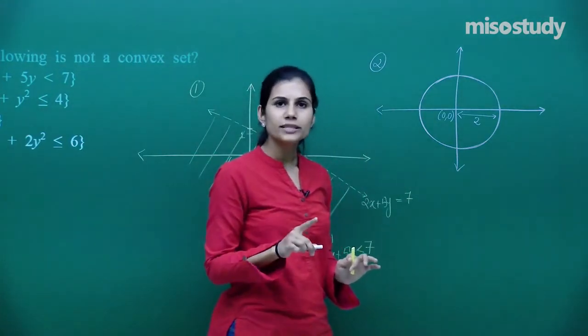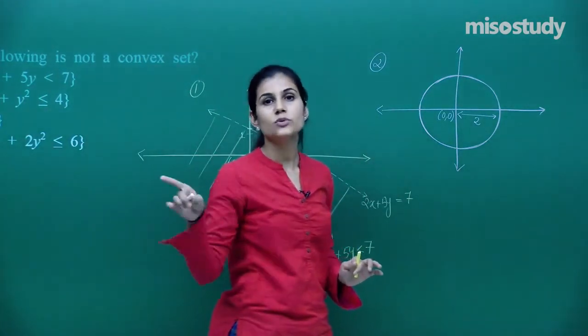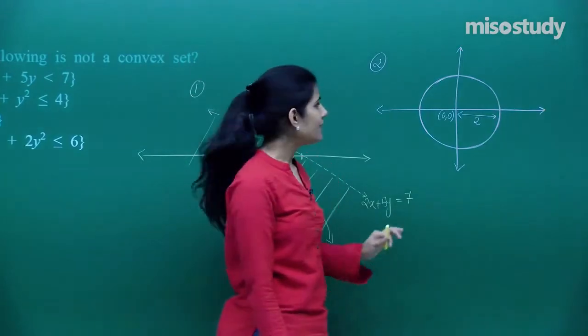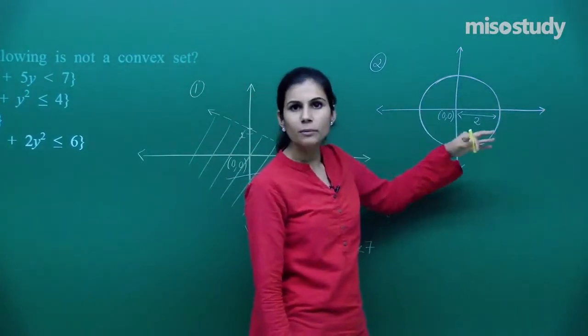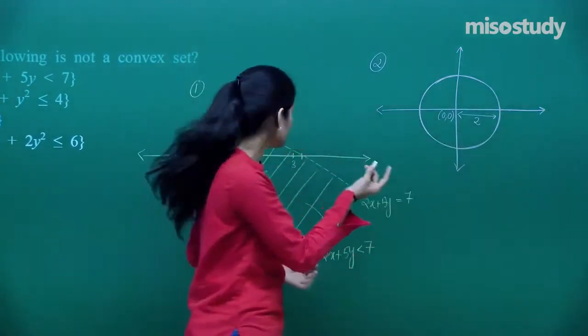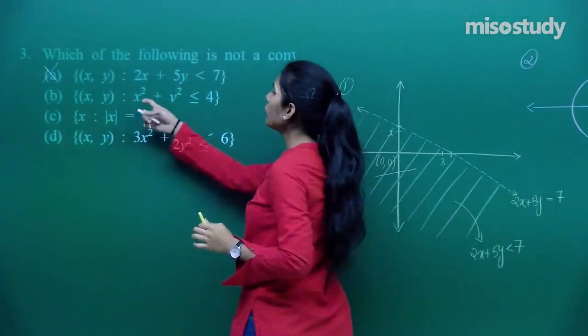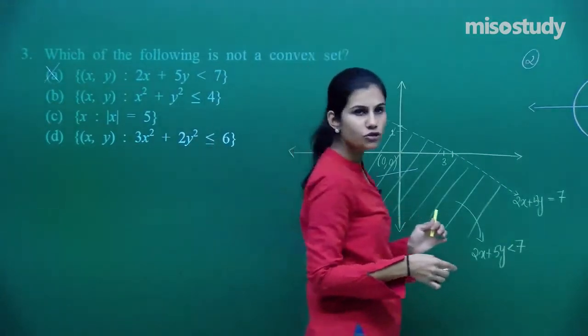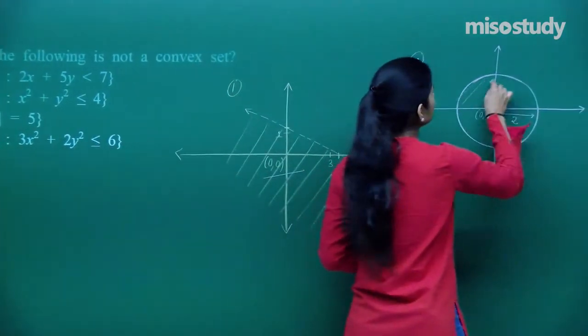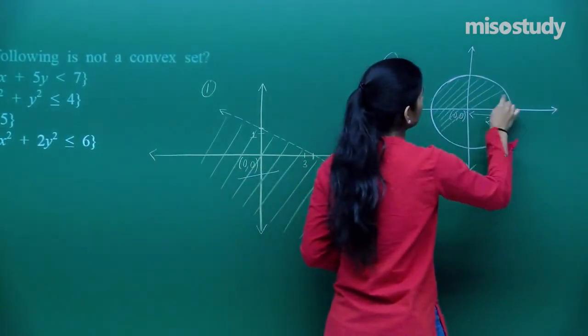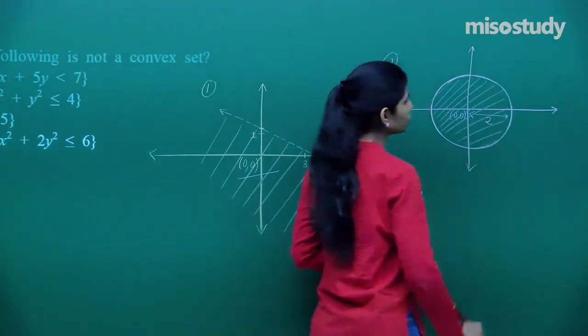I want all those points x comma y which satisfy x square plus y square less than 4. For that I will have to pick up a point which is not lying on the boundary, that is origin. If I plug in x equals 0, y equals 0, I get 0 plus 0 is less than 4, which is true, and therefore the region consisting of the origin is going to be my feasible region.